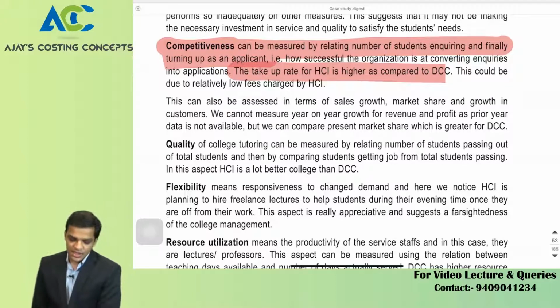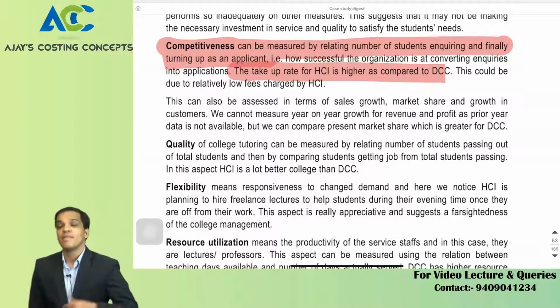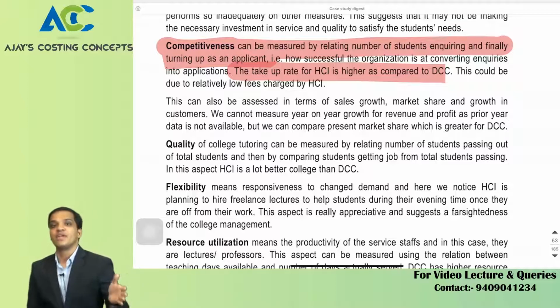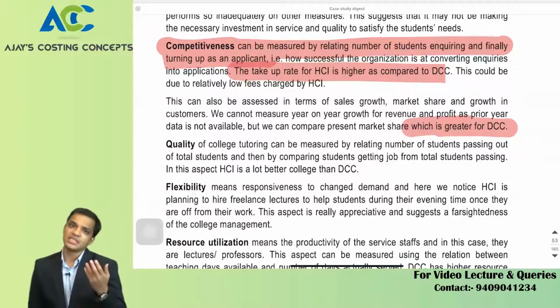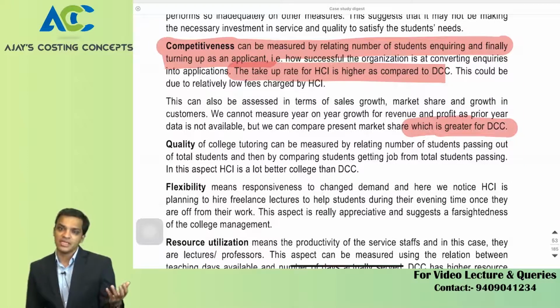It can also be assessed in terms of sales growth, market share and growth in customers. We cannot measure year-on-year growth for revenue or profit because prior year data was not given. But when compared to the current year, DCC is greater. Obviously, as I said, DCC's profits and revenue are greater.